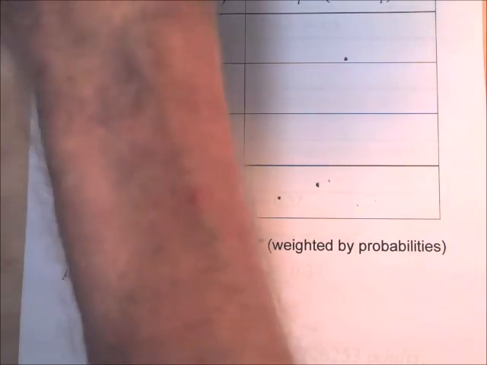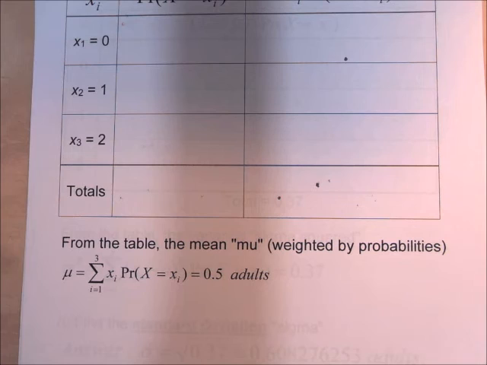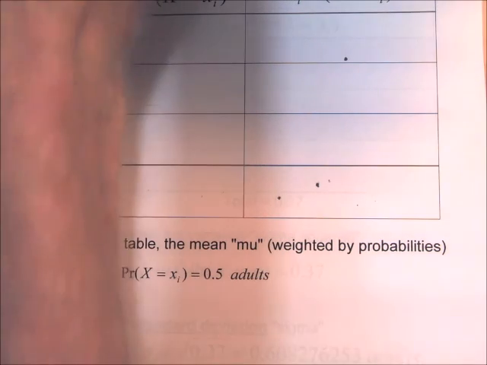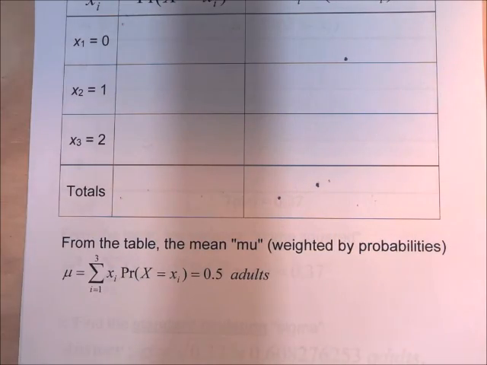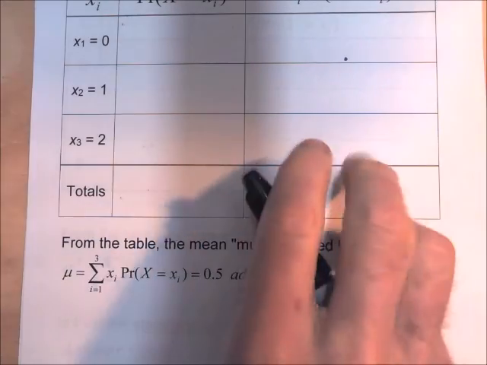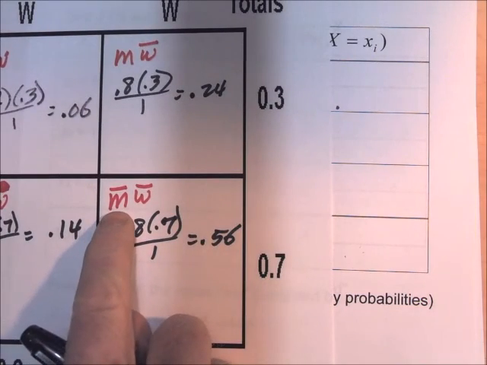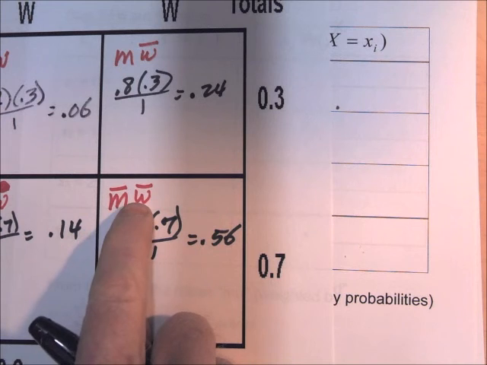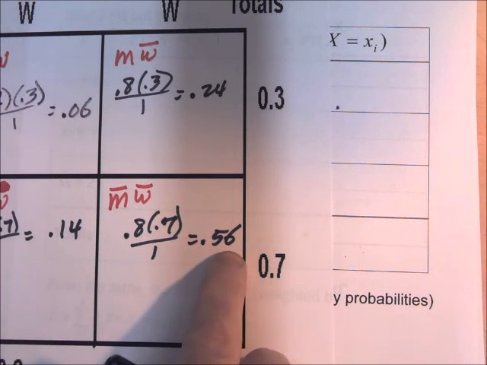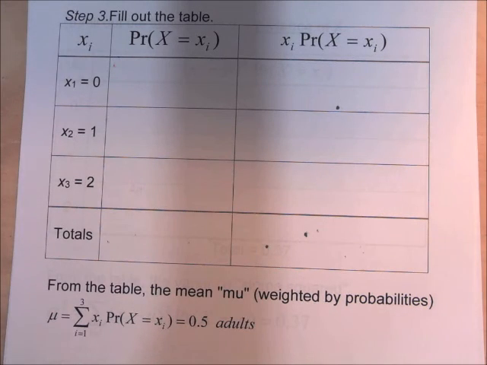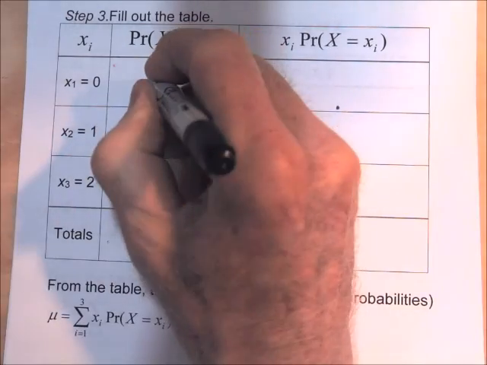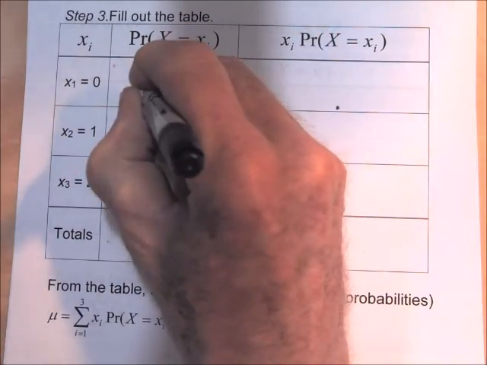So X is a random variable representing the number of hypertensive adults, and we want to use this box to fill in these probabilities. So the probability that neither is hypertensive, that's the M bar row and the W bar column, is going to be 0.56. That's the probability X is equal to 0. It's 0.56.